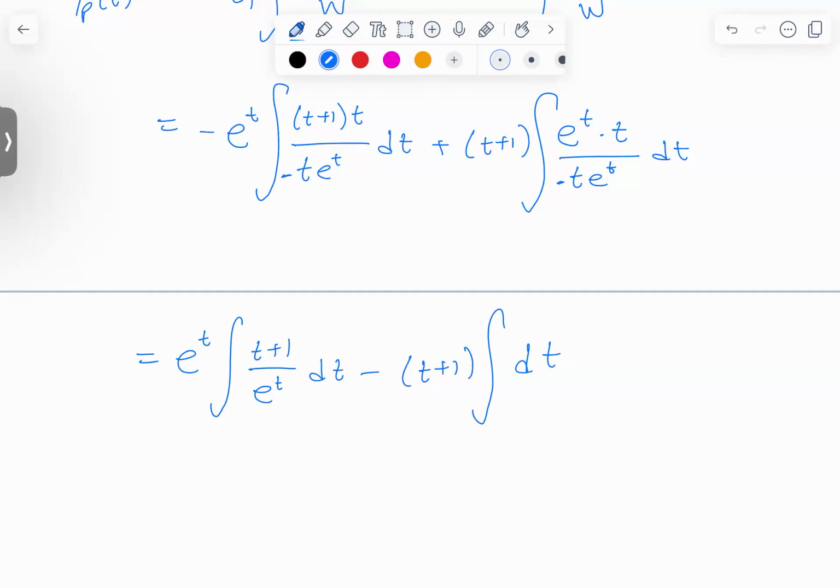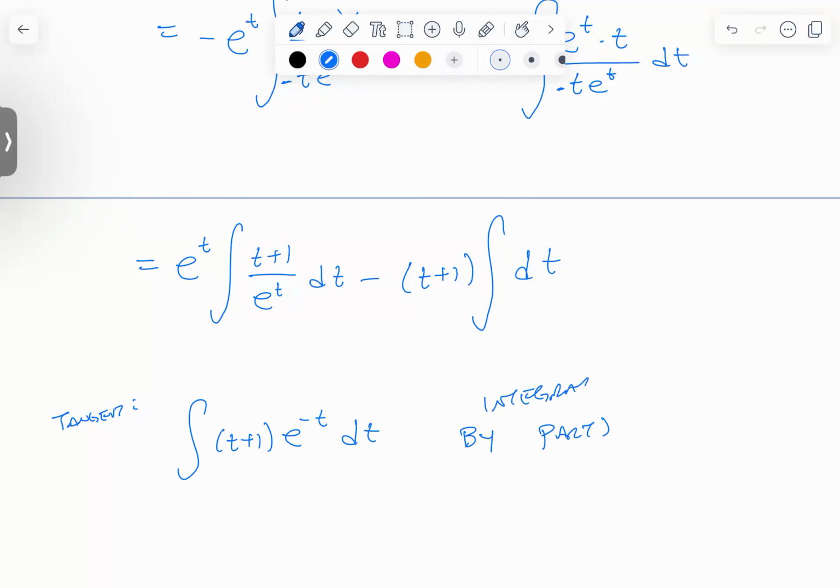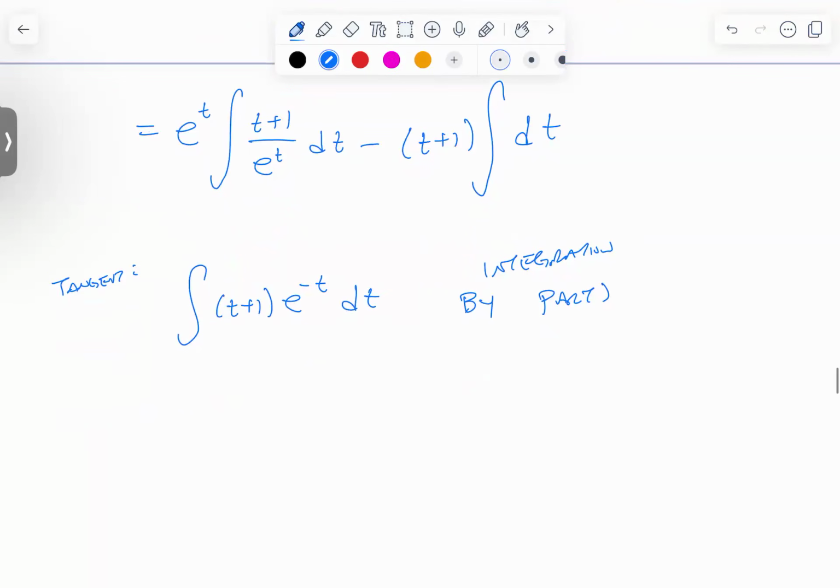Okay, so that one's obviously easy. What do we need to do here? By parts. It's by parts, right? This guy comes up, because this becomes t plus 1, e to the negative t dt. This is by parts. It's integration by parts all the way.